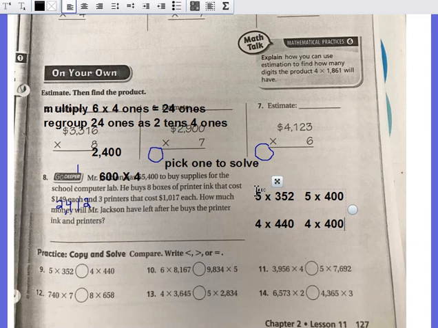Actually, you know what, you guys? Estimating is not going to work here because we really need to find the exact answer. So ignore what I said here. I just don't think estimating is actually going to help us find the exact answer. So we got to find the exact answers.